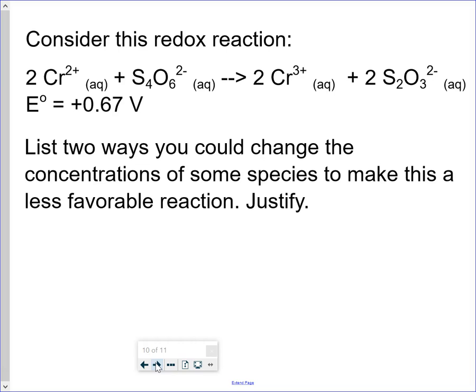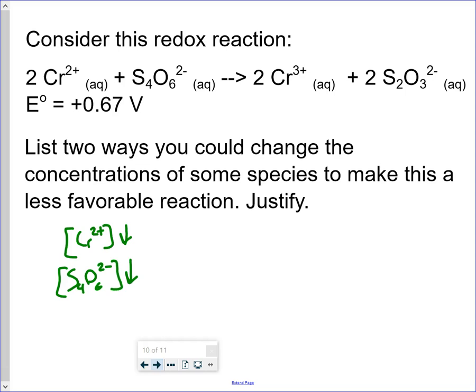Well, if we remove either of the reactants, that would shift us left and cause our value of E cell to go down.